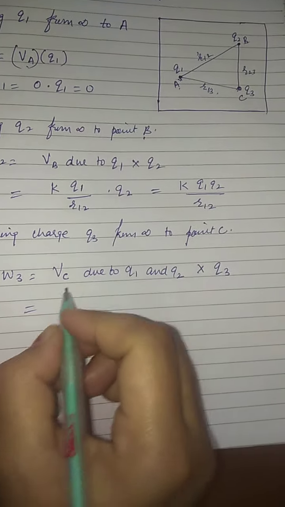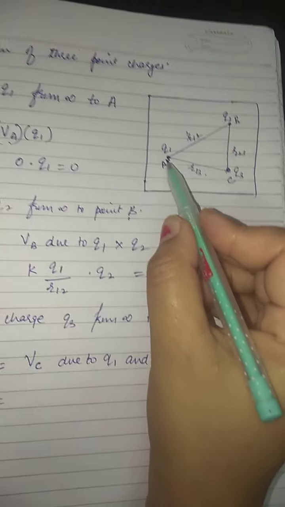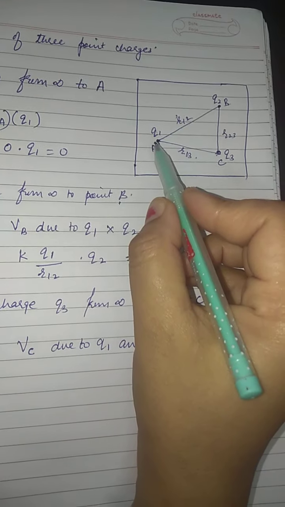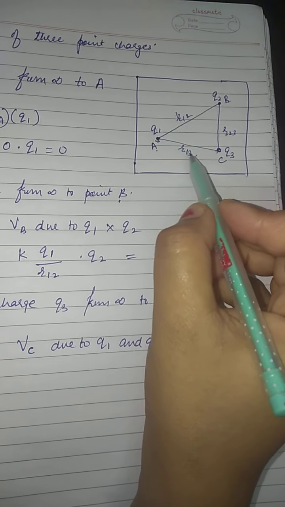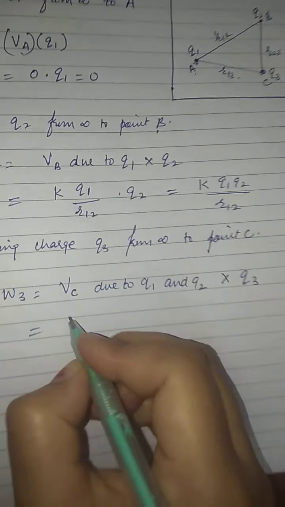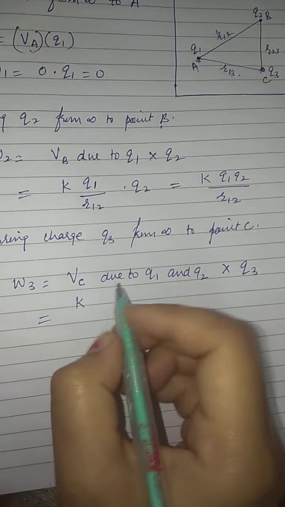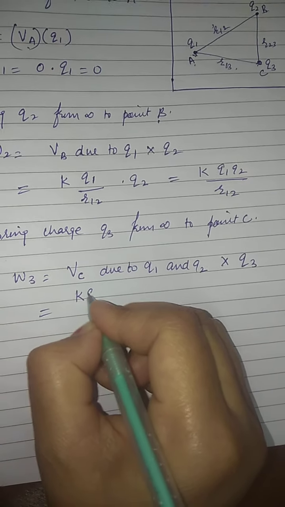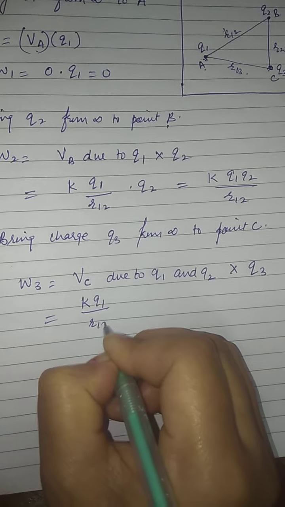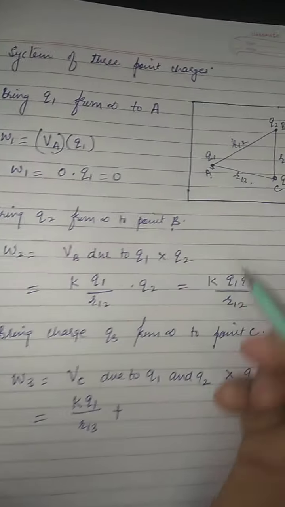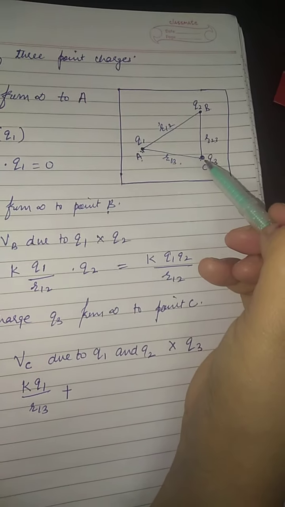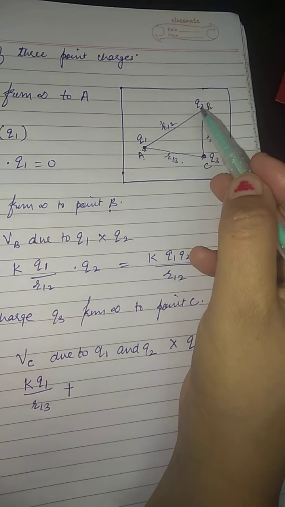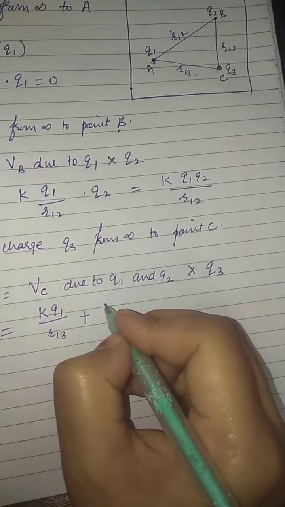So potential at point C due to Q1 would be K Q1 over R13, plus potential due to Q2 at this particular point, that would be K Q2 over R23.